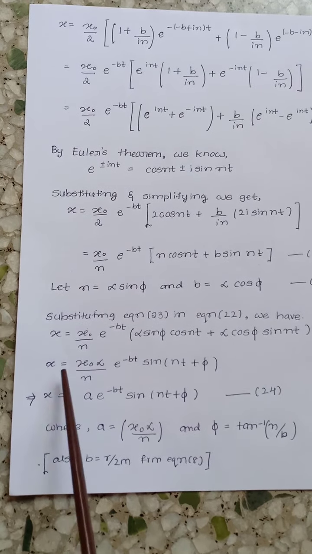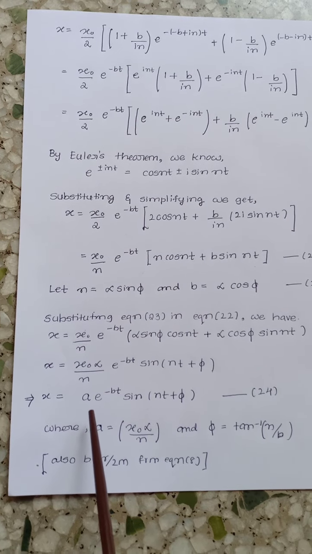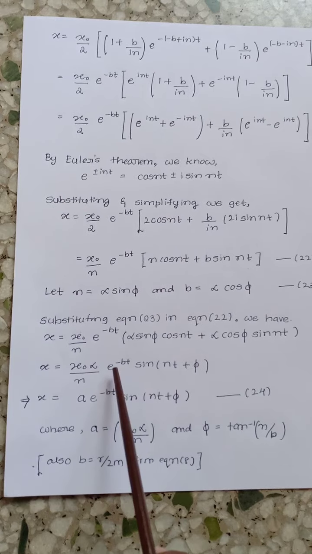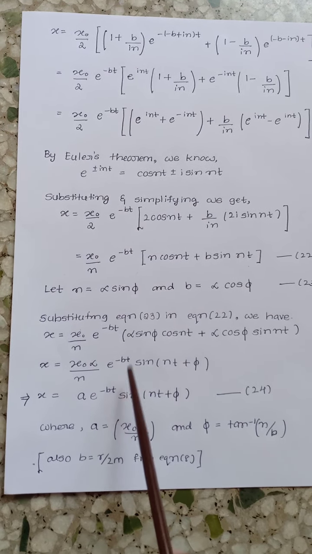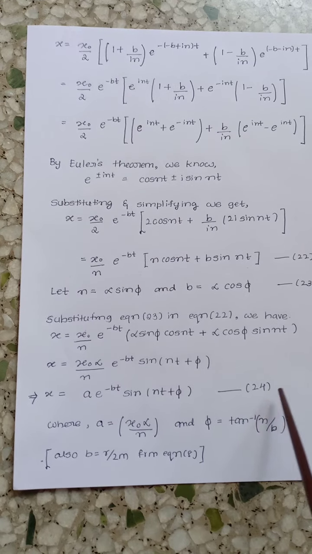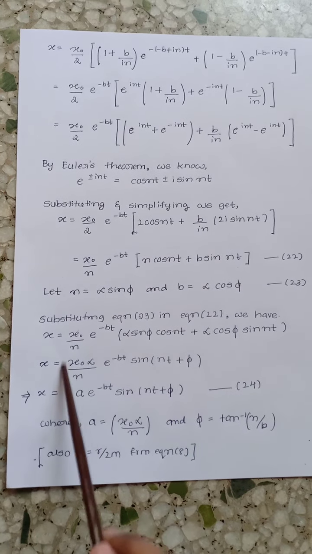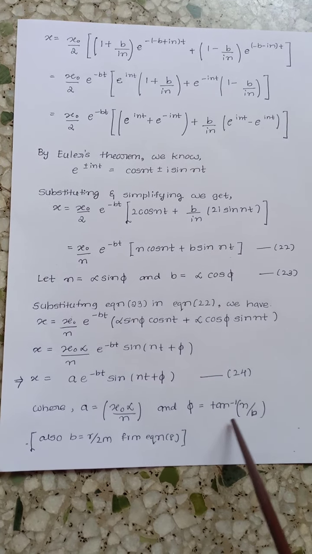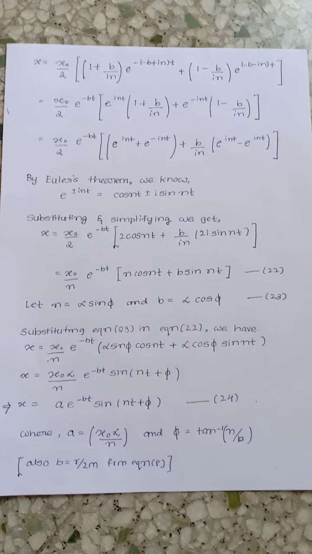Now write x equals a into e to the power of minus bt sin of nt plus phi. That is equation number 24. Here this part is taken as a, and phi is tan inverse of n by b.